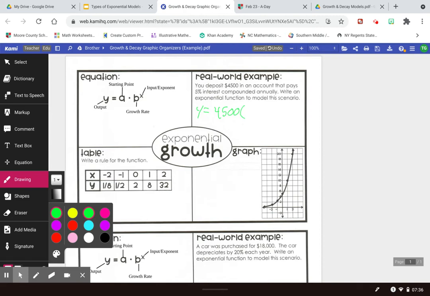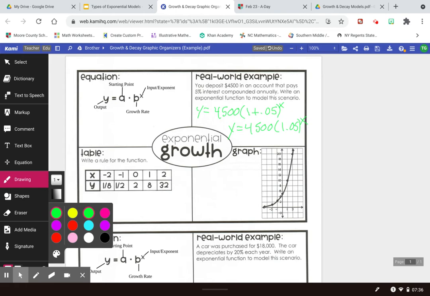Now, to find the base or the growth rate, we're going to have 1 plus 5% to the x power. So like we've already been doing, your answer is just going to be y equals 4,500 times 1.05 to the x power. So you would put in for x any amount of years that you're going to be compounding for, be it 2, 3, 4, 5, 10, or 12 years. You would just put that in for x.